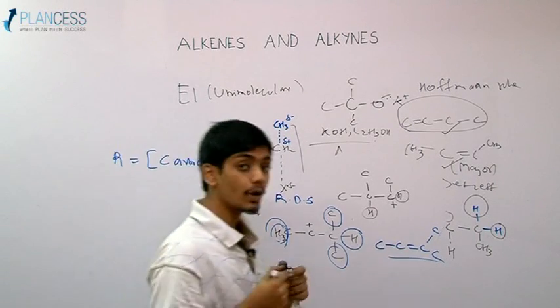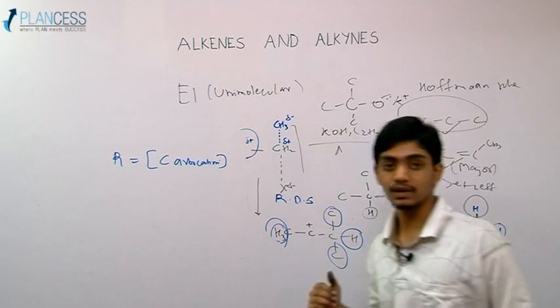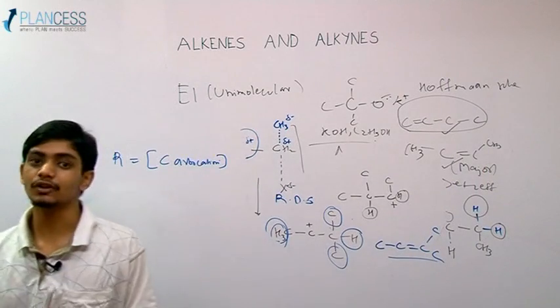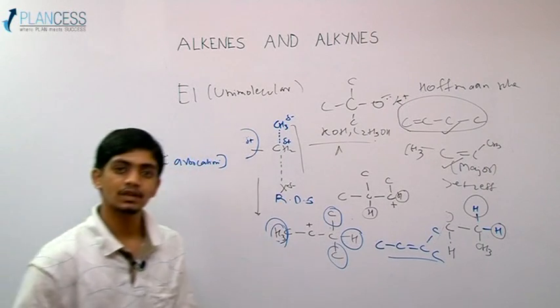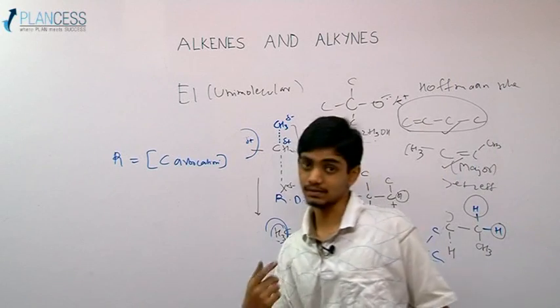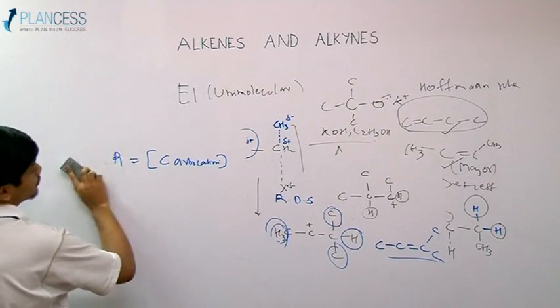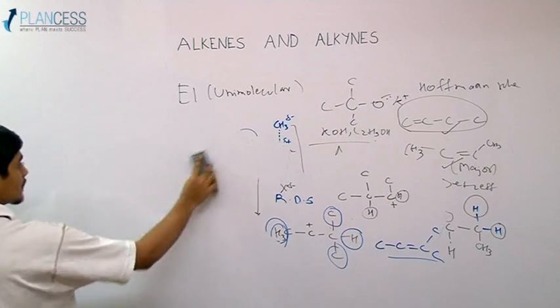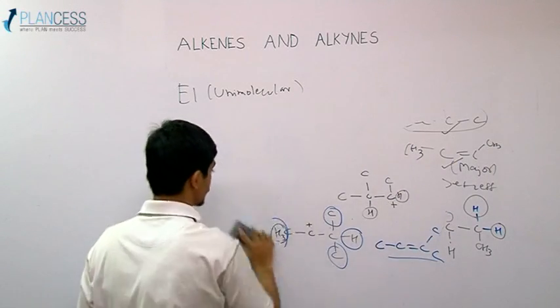That is how we find out whether it is unimolecular or bimolecular, by increasing the concentration of the base. In case of the E2 reaction, you will see that if you increase the concentration of the base, the rate of the reaction will increase, but in this case it remains unchanged. So let us see the possible mechanism for the E2 reaction.